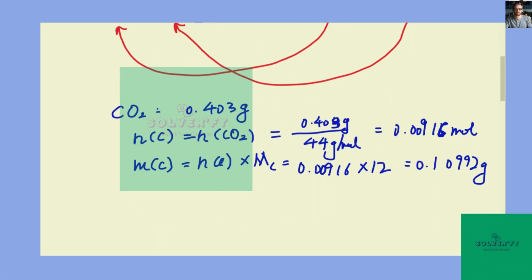And same for the water. We know that there are 0.166 grams of water formed. So we can know the moles of the hydrogen are double the moles of the water, because each water has 2 hydrogen.